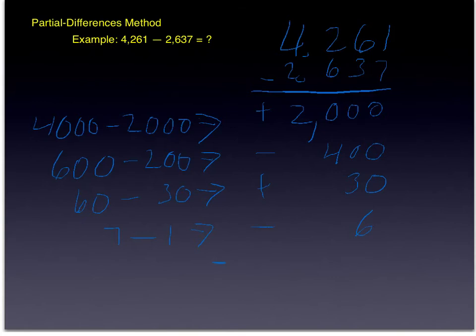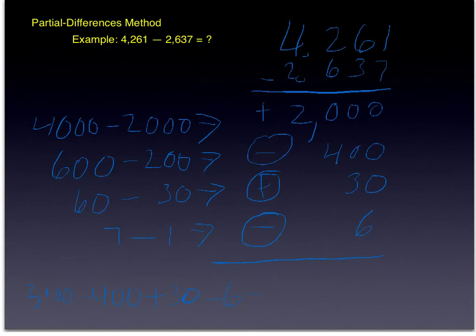Okay. Now, all I have to do is add or subtract as I go. So for the final, I'm going to start with 2,000. I'm going to subtract 400. I'm going to add 30, and I'm going to subtract 6.